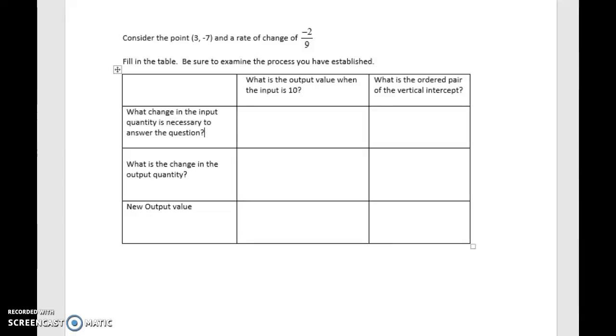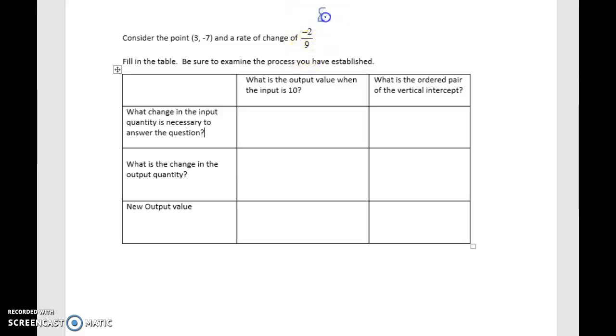We want to examine this now very generic problem using the rate of change and a given point. The first thing we want to do is recognize what this rate of change means. Again, this is change in output over the change in input.